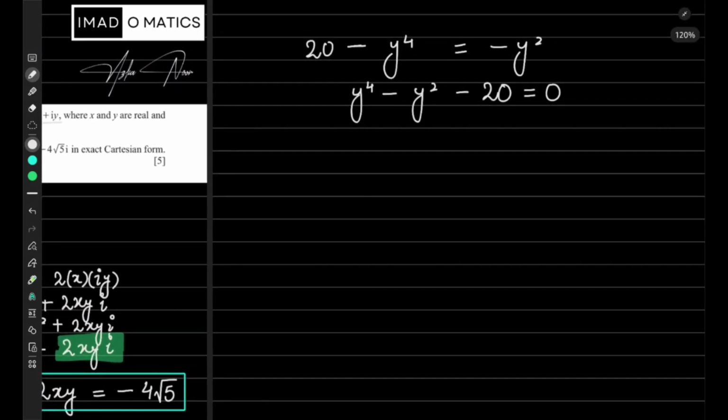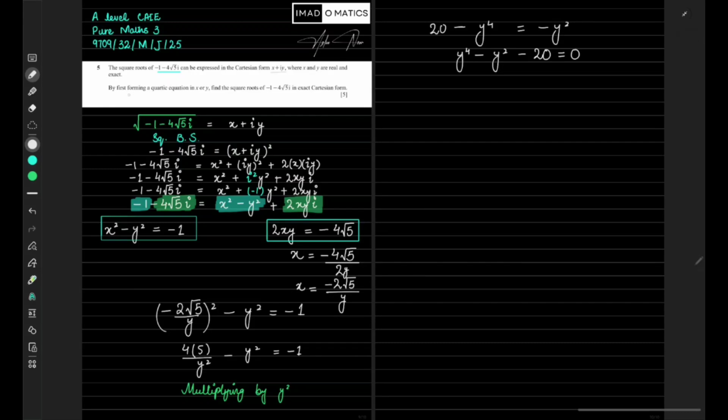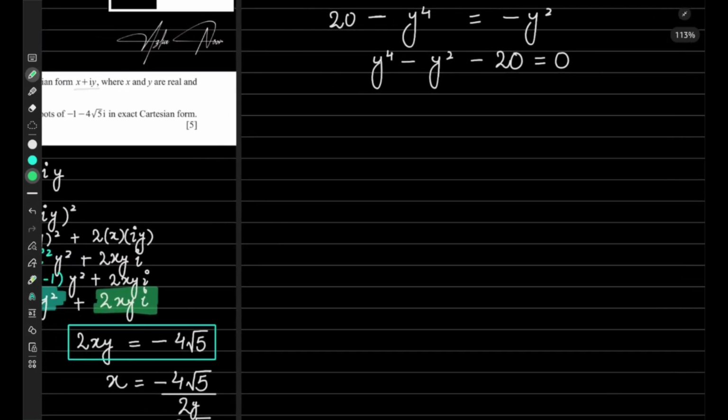This is your quadratic equation. This is what they were telling you, that we will first be achieving a quadratic equation in x or y, and then you will find the square roots in the exact Cartesian form. Now this is a disguised quadratic.